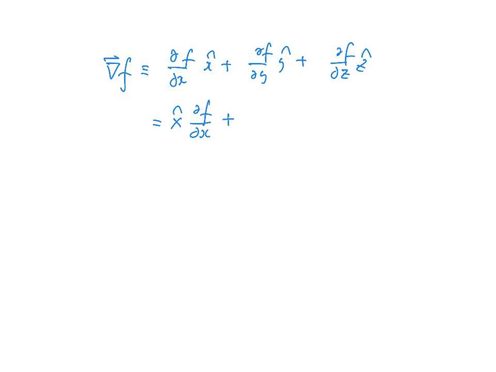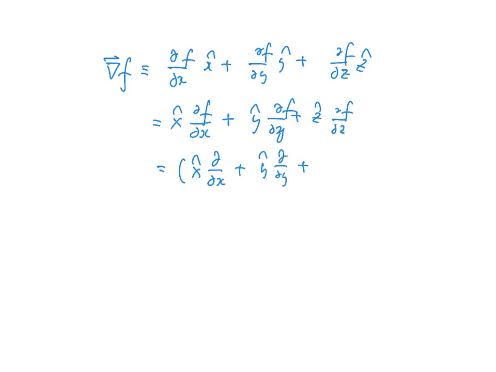So the gradient of f is defined as (partial f/partial x, partial f/partial y, partial f/partial z), and you can write it this way too: x partial, y partial, z partial, f. You can write this way too, right?